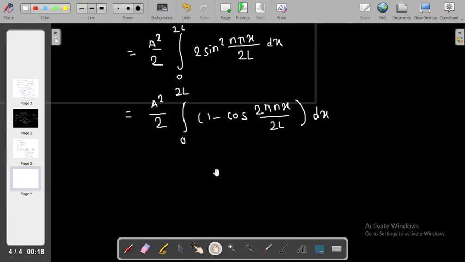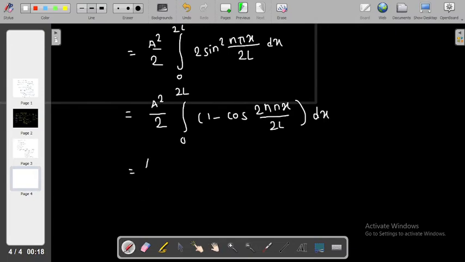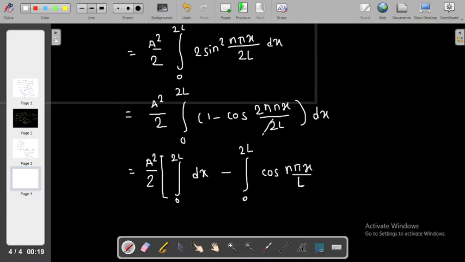So now it is A square by 2, and it is 0 to 2L, the integral of dx minus the integral of cos(n pi x by L) dx. 2 and 2 are cancelled here.